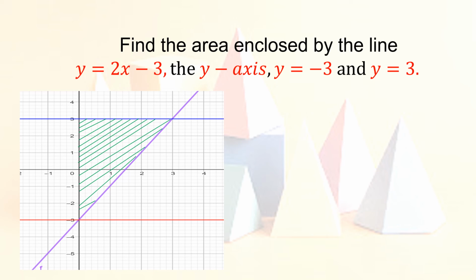So this is the graph of y equals 2x minus 3. And this is y equals 3, this is y equals negative 3. So from here, this is the area that we are going to determine.